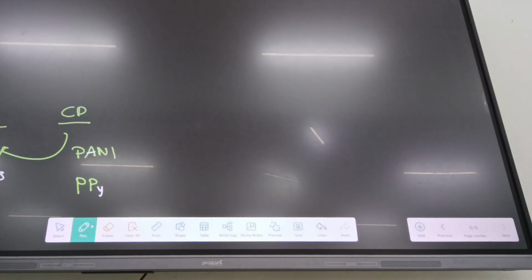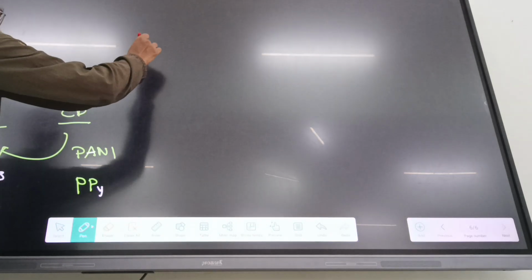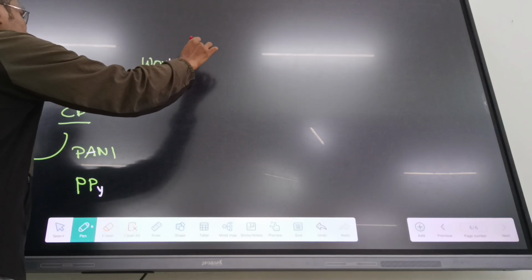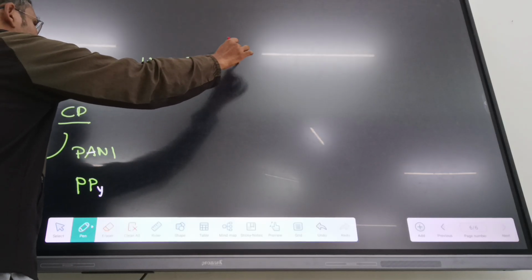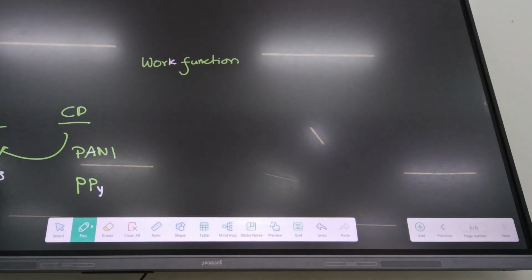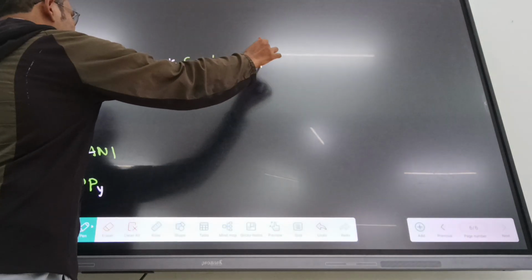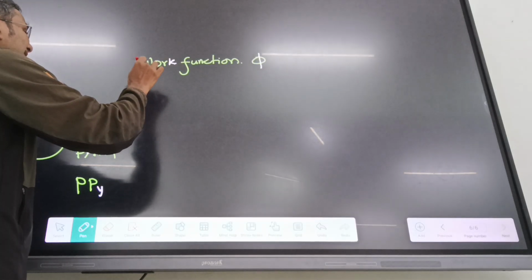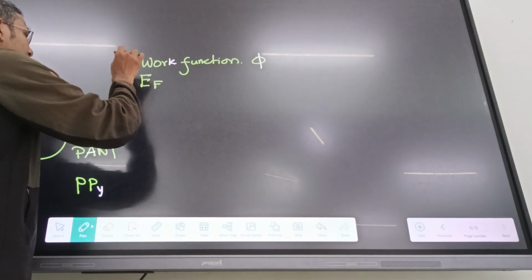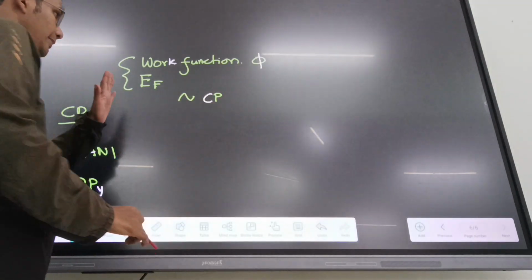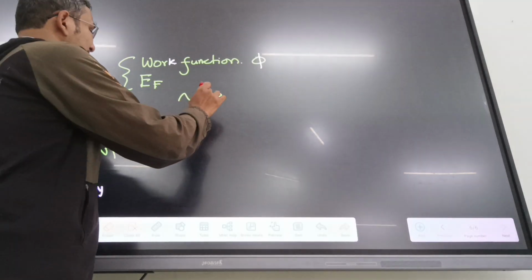This is because there should be a matching of the work function, meaning the amount of energy required to take an electron from the surface to the atom. Work function phi, or Fermi level: if you associate these things with the conducting polymer, it is acting as a metal.